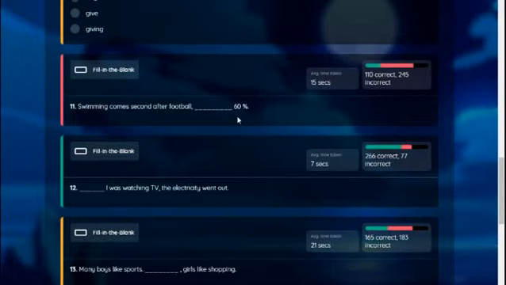Swimming comes second after football, whereas it should be whereas, for example, swimming comes, or no, no, no. No, the question is correct. The answer is reaching, because you are giving me the percentage. There is nothing wrong with the question. I'm sorry. The question is correct. So swimming comes second after football, reaching 60%. So you'll have to write reaching.